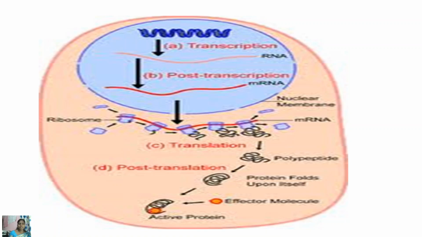In the cytoplasm, mRNA undergoes translation, where a single mRNA can be translated by many ribosomes. During translation, all the codons are read by these ribosomes, resulting in the formation of a polypeptide chain.